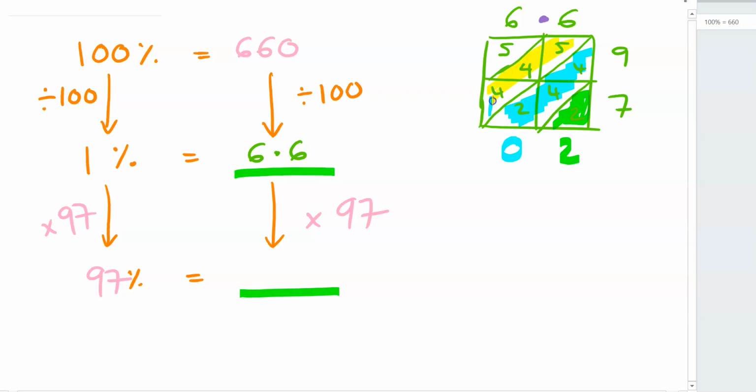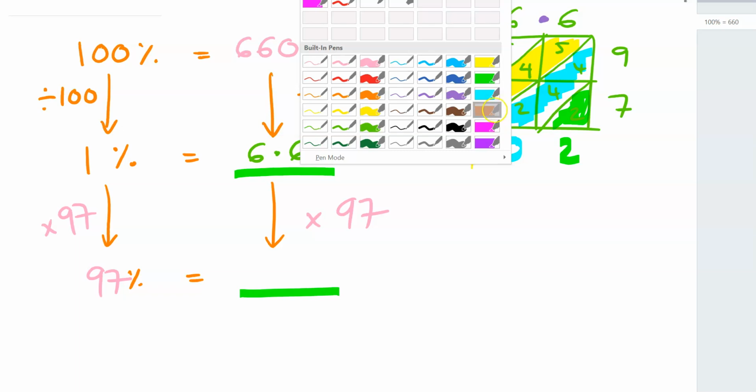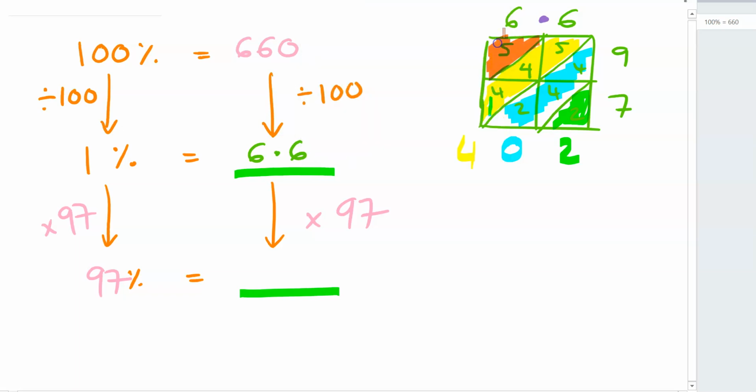So this diagonal, including the one that you've just put in there, 5, 9, 10, 14, so you've got to carry the 1 again, and then the last diagonal, including the one that I have just covered over, that's a 1, so 5 and 1 make 6. Then your decimal drops through the grid to go there, so the answer is 640.2.